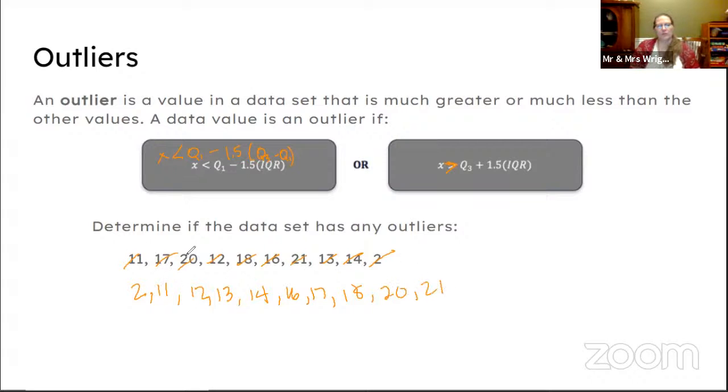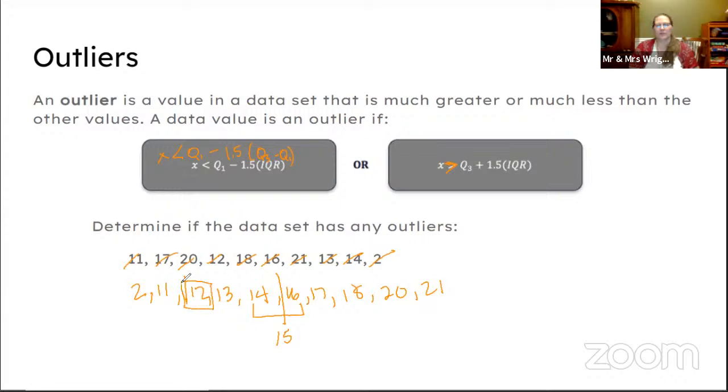All right, so there's 1, 2, 3, 4, 5, 6, 7, 8, 9, 10 pieces of data. So 1, 2, 3, 4, 5, 1, 2, 3, 4, 5. So our median, which is quartile 2, is going to be 15, because 14 plus 16 divided by 2 is 15.